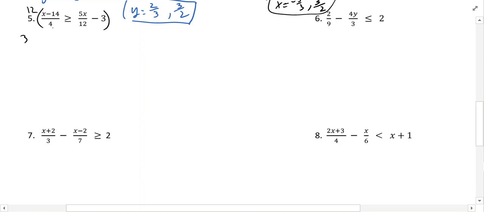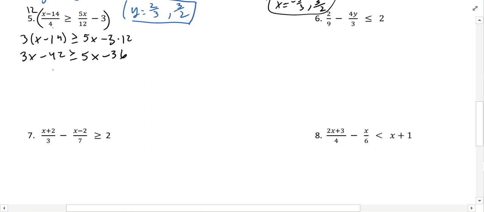So here I'm left with 3 parentheses x minus 14 is greater than or equal to 1 times 5x minus 3 times 12. Okay, so when I distribute, I'm going to get 3x minus 42 is greater than or equal to 5x minus 36.